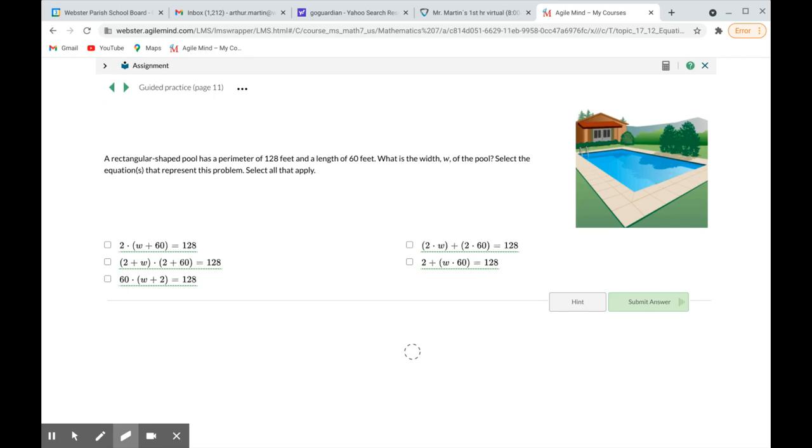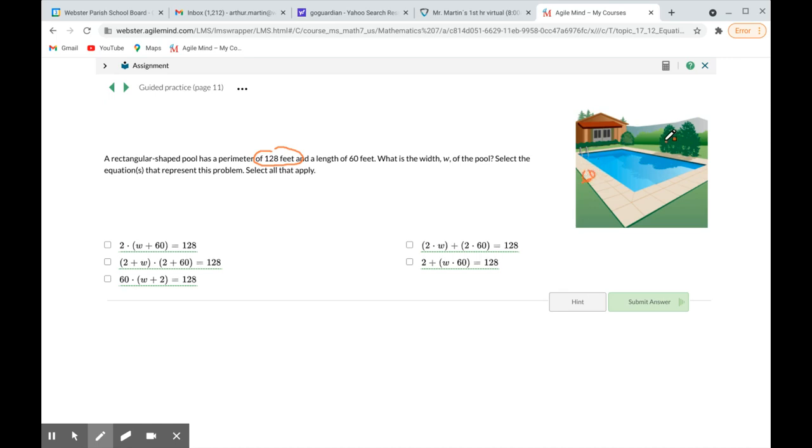What is the width, W, of the pool? Select the equation that represents this problem. So all the way around here is how many feet? 128. Correct. And it says the length is 60.